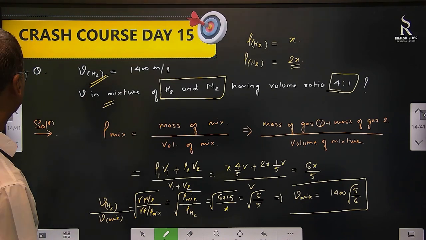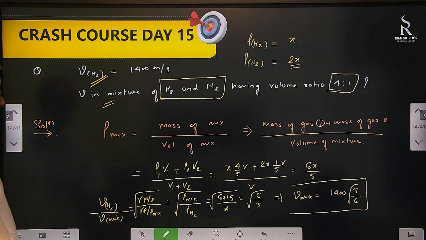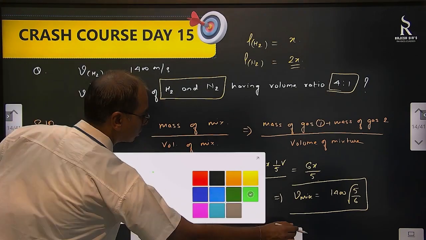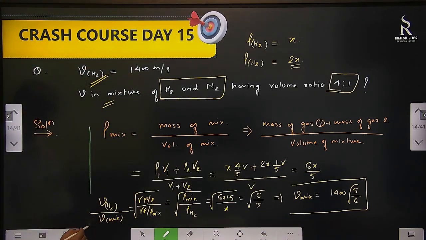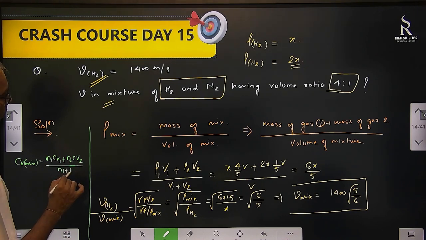So CV of mixture is N1 CV1 plus N2 CV2 by N1 plus N2. N1 and N2 are number of moles.